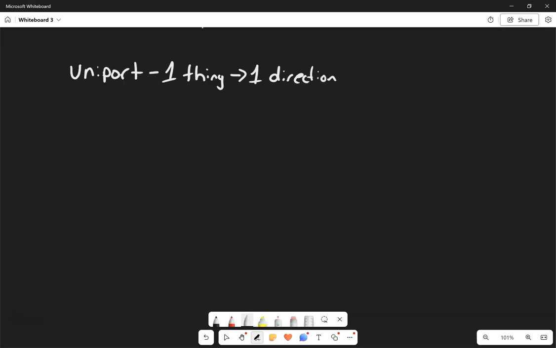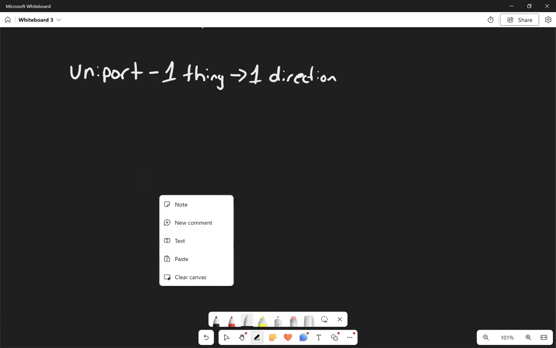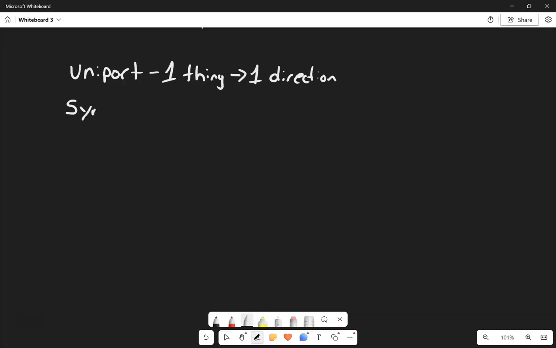It can only move things in a single direction, and only one thing. We also talk about symport channels, which can move more than one thing, but they move them in the same direction.